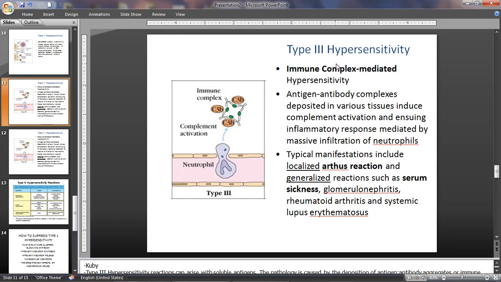Typical manifestations include localized Arthus reaction and generalized reactions such as serum sickness, rheumatoid arthritis, glomerulonephritis. These are all examples of type 3 hypersensitivity reaction, and this is an immune complex, that is the antigen and antibody complexes mediated reaction.